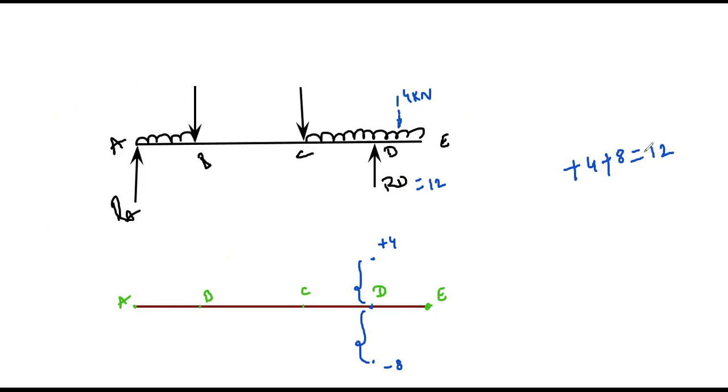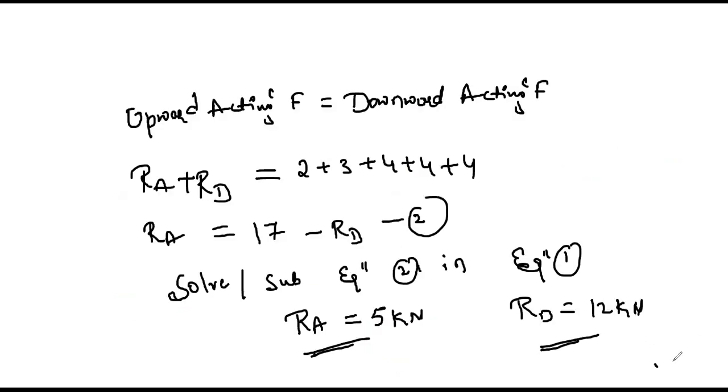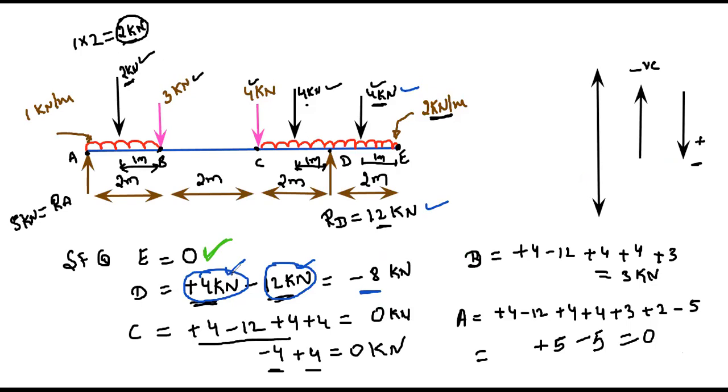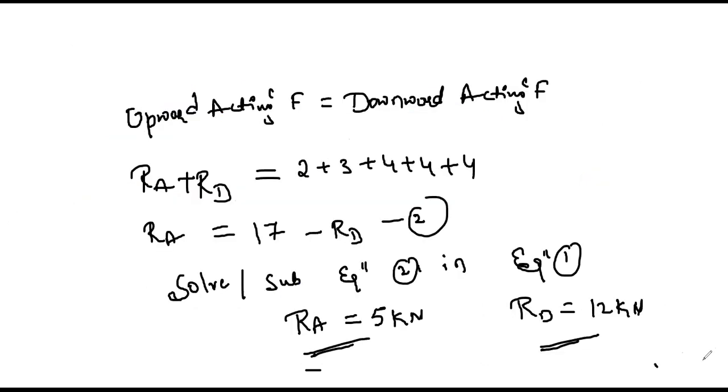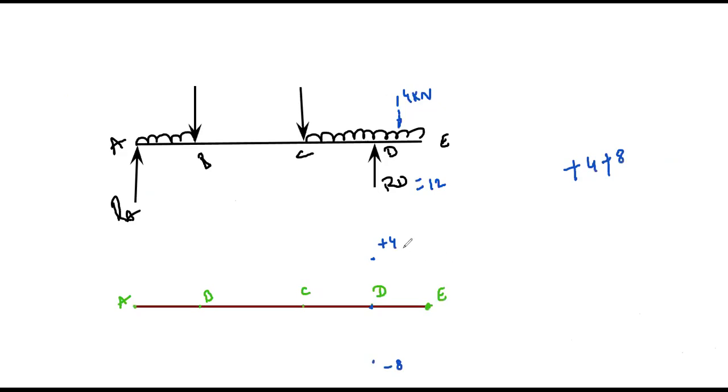Clear? I hope it is clear now. This is +4, this is -8. +4 -8 will give you the -12. I hope it is clear here. +4 -8 will give the 12 kilonewton, which is acting over here.